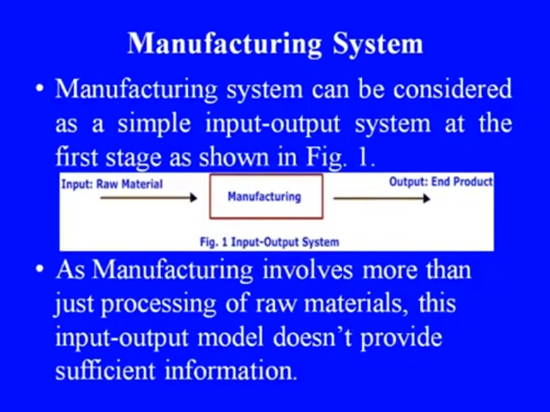A manufacturing system can be considered as a simple input output system at the first stage as shown in the figure 1. As manufacturing involves more than just processing of raw materials, this input output model does not provide sufficient information.